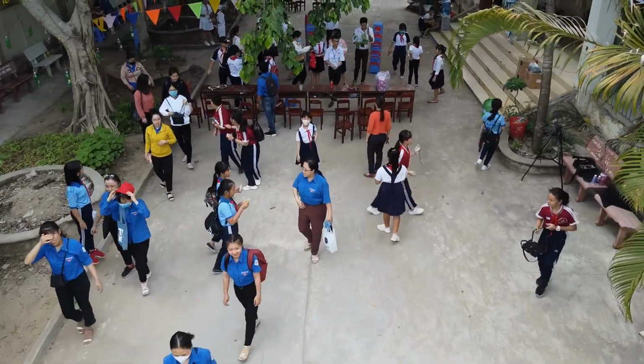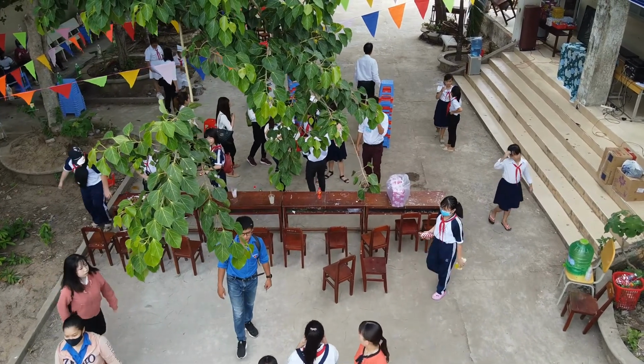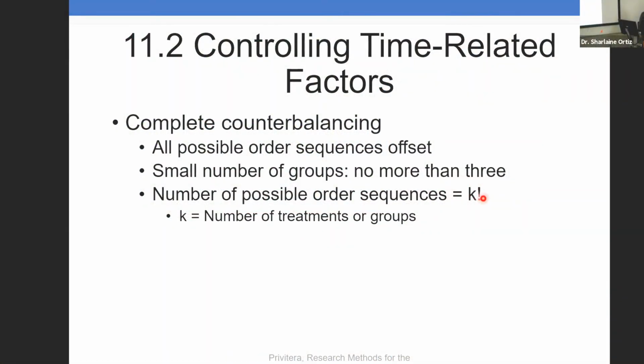Now, we can calculate the possible number of order sequences. This is when we are going to use kappa. Kappa is simply the calculation of the number of treatments, and the symbol here means the number of possible order sequences.